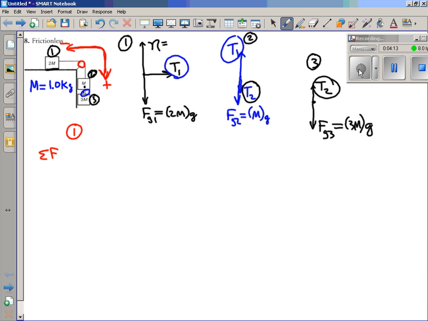So keeping that in mind, for object 1, what we really care about is the sum of the forces, and I'll write it like this: sum of the forces parallel to the direction of motion. So those parallel lines refer to the forces parallel to the direction of motion, equals the object's mass, which is 2m, times its acceleration, a.